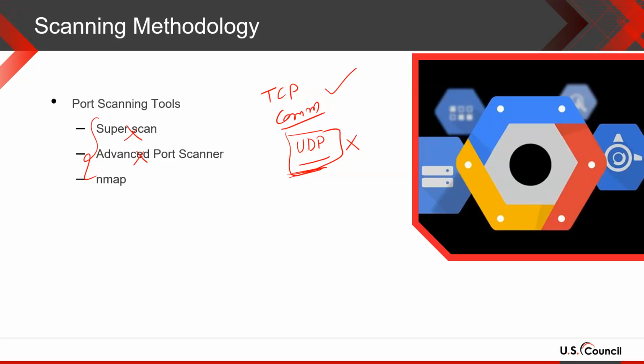You'll have to use a different application, right? So is it clear, guys? So these applications will only show you TCP based open ports. They do not show you UDP based open ports. Okay, is it clear so far, everyone?